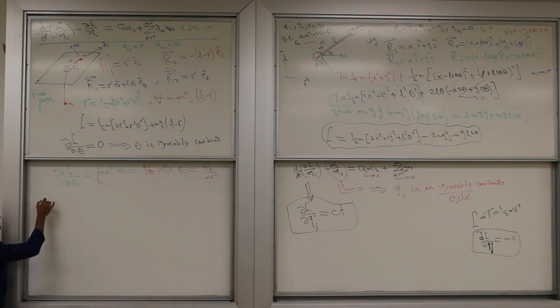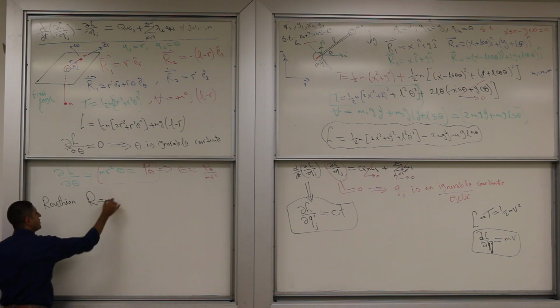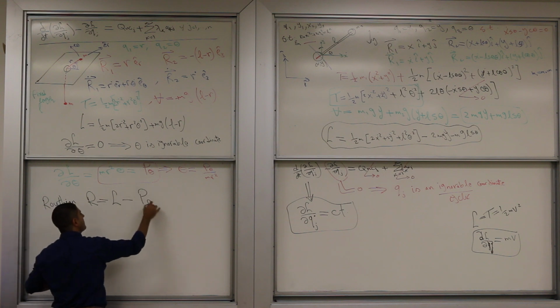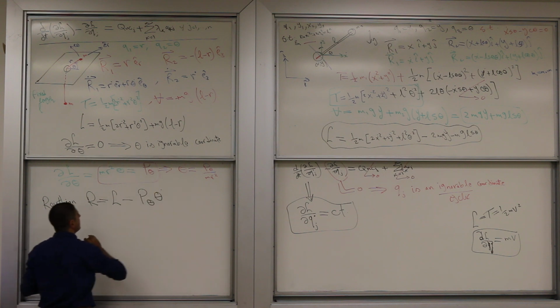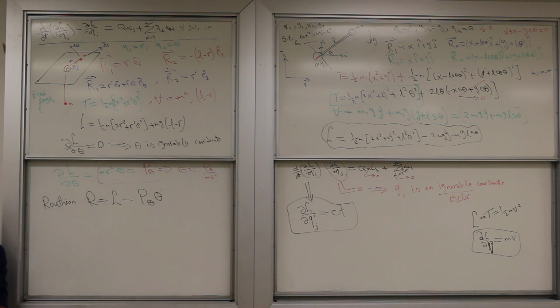We define a new function called the Routhian, R, which is simply your Lagrangian minus p theta times theta dot, and work with your Routhian as if it is your new Lagrangian. So let's do it.